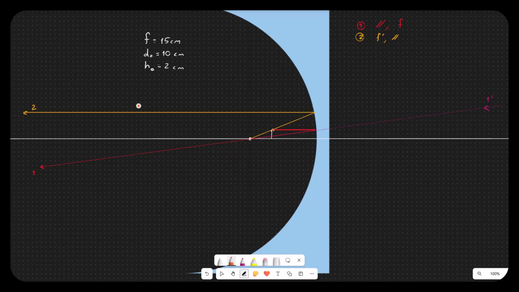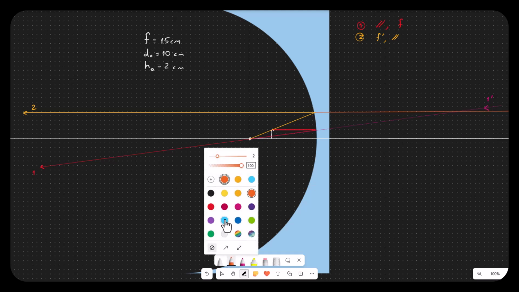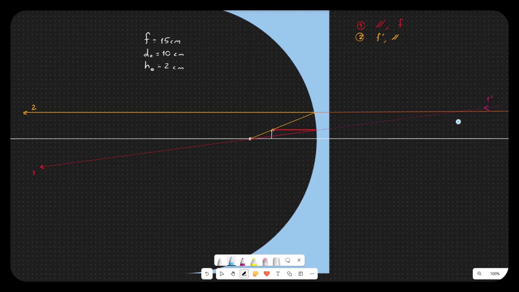I'm going to take, again, the reflected ray, and I'm going to find where does it come from. And it comes from here. There's my 2 prime. 1 prime and 2 prime cross at this location. So there is my image with my object being back here.